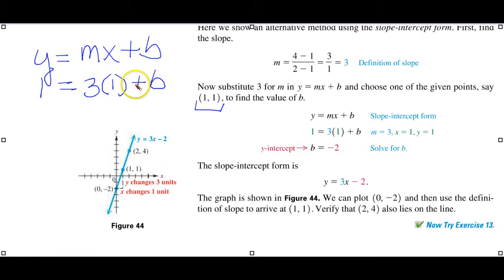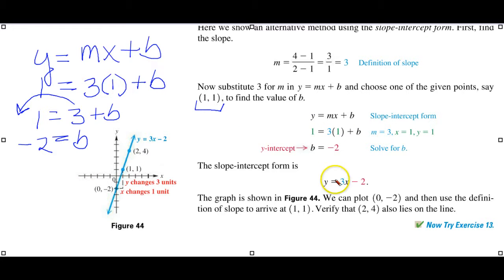That would work. This is another method. So we get 1 equals 3 plus b. We transpose the 3. On this side it becomes a negative 3. Negative 3 and 1 gives me a negative 2 equals b.